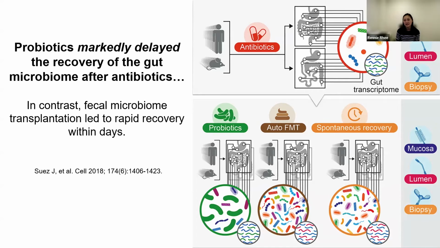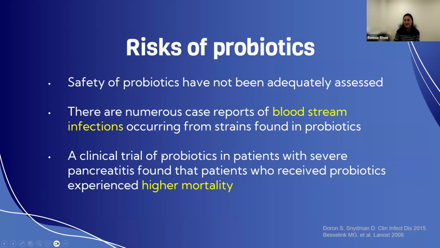Those people had a marked delay in recovery of their gut microbiome after the antibiotics. The group that did the best was the autologous fecal transplant, people who got their own healthy microbial community back. Studies like this make us worried about the potentially damaging effects of probiotics.